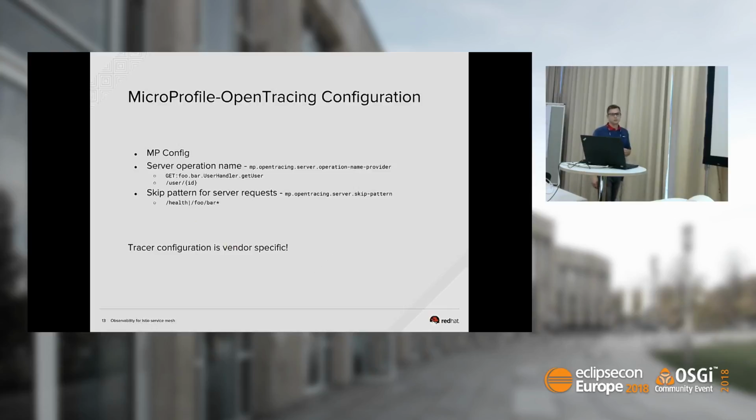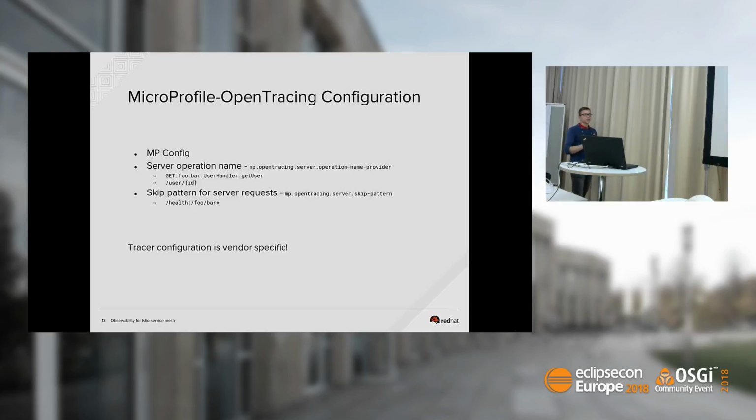The next part is configuration. We are leveraging MicroProfile Config, and at the moment there are only two configuration properties. The first one is to configure the server operation name of a span. By default, the operation name looks like the HTTP method, the package name, class name, and the method which is in the code.